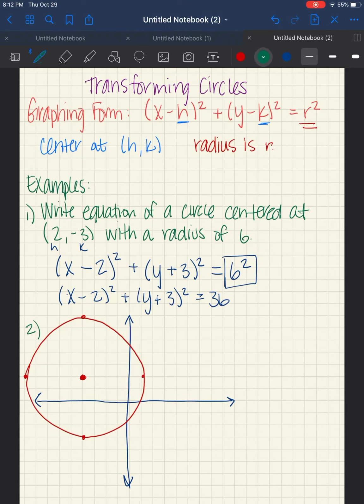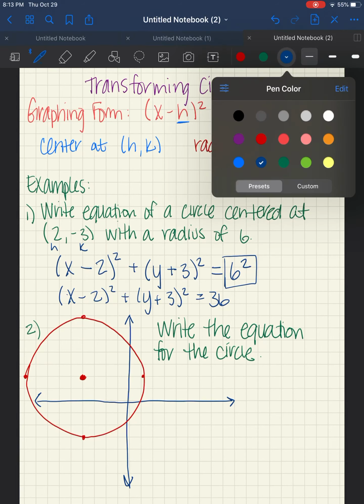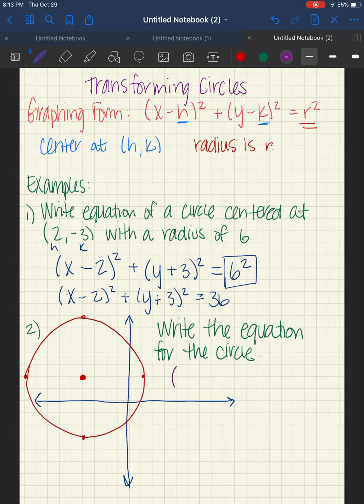All right, so our directions here again are going to be write the equation. Okay, and then we have, so our center is -1, 2, 3, 4, +2. Okay, again, that tells us our h and our k values.